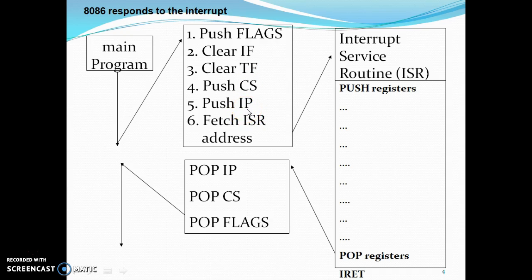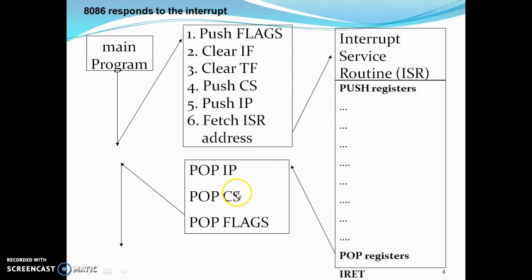pushed to the stack. And then after saving the contents of CS and IP, it is ready to fetch the ISR address. Now it will fetch the ISR and execute the set of instructions in the ISR. When it finishes with the ISR, it will return back to the main program by use of IRET, that is return from the interrupt. It will pop the IP, pop the CS, and pop the flags.